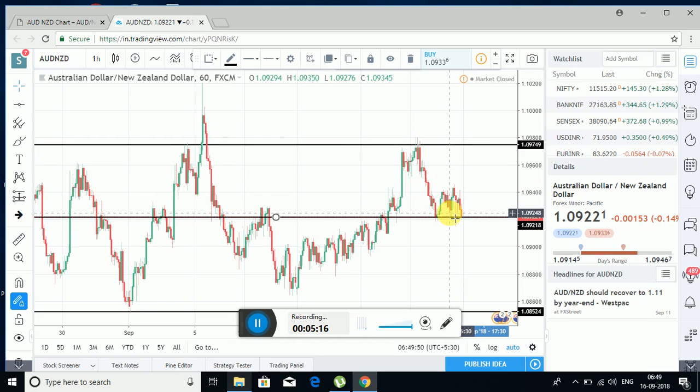The sellers took the market down instantly. Buyers tried again, barely broke their high, and sellers brought the market down. So overall what I can see is that in the range itself there is a struggle going on between buyers and sellers, and sellers are looking more powerful than buyers.